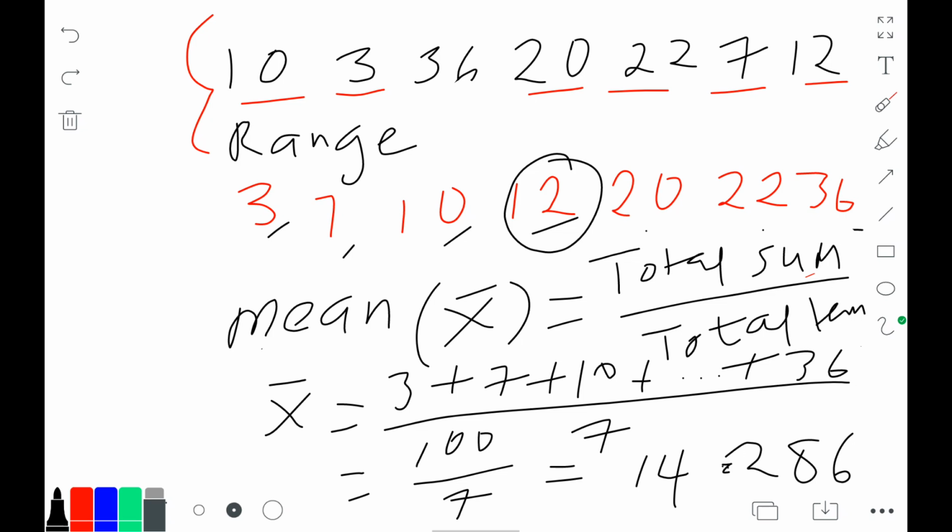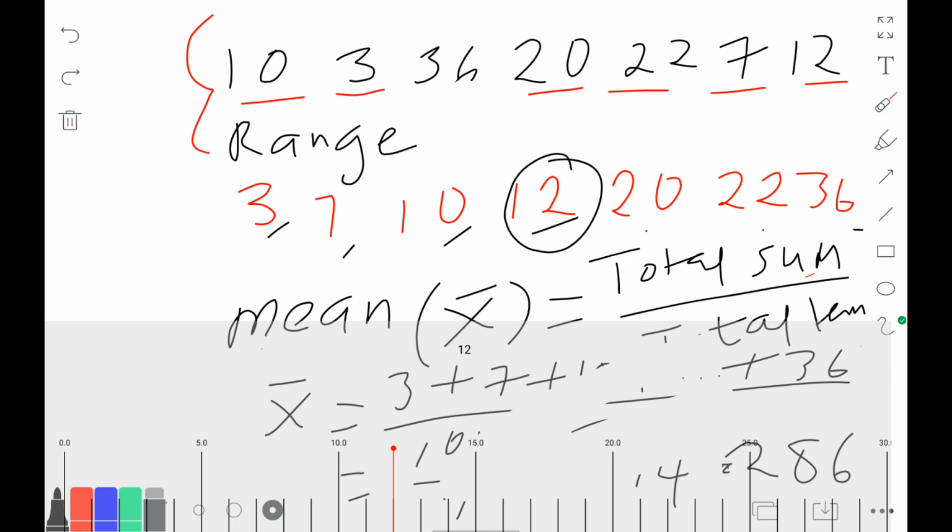So now you already have that. We have talked about the range and the mean. If you have a Casio calculator, I'm going to show you, based on the question papers, how to use your Casio calculator to calculate the mean as well. So let me erase.